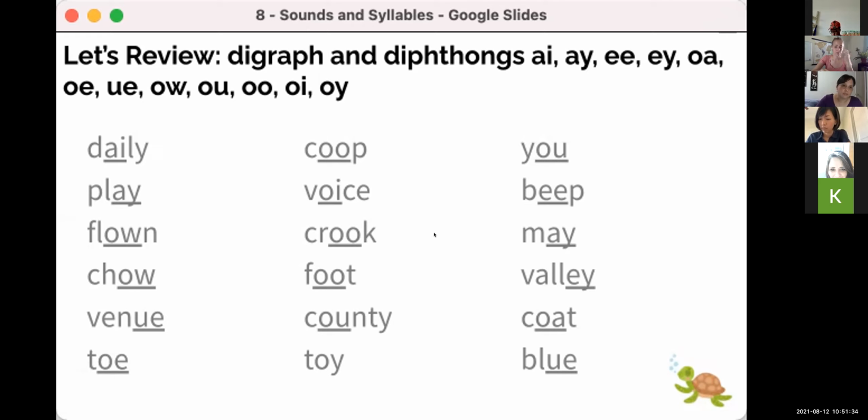All right, so repeat after me if you can. I'm going to read the words down the list, not across, but down. Okay.